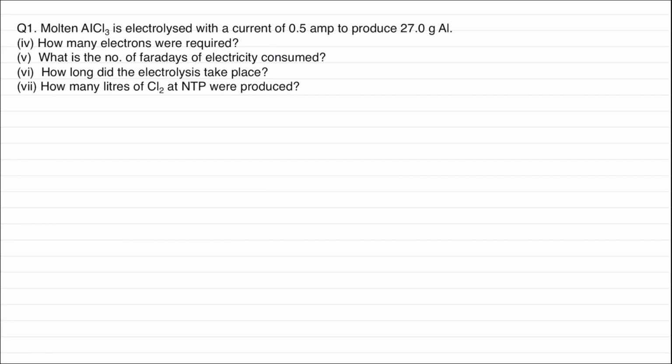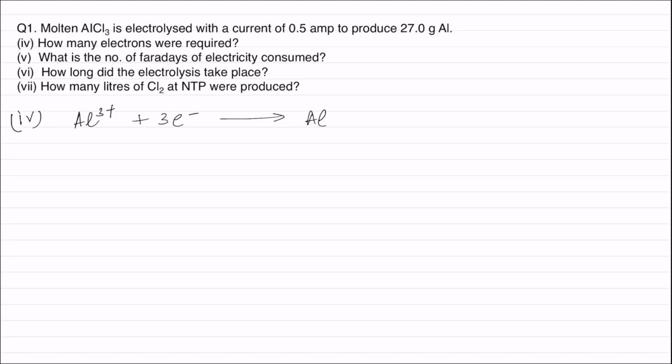Fourth part, how many electrons were required? Now Al3+ ion takes up 3 electrons to form aluminium, or we can say 1 mole of aluminium ions accepts 3 moles of electrons to form aluminium. Now 1 mole of electrons means Avogadro number of electrons.